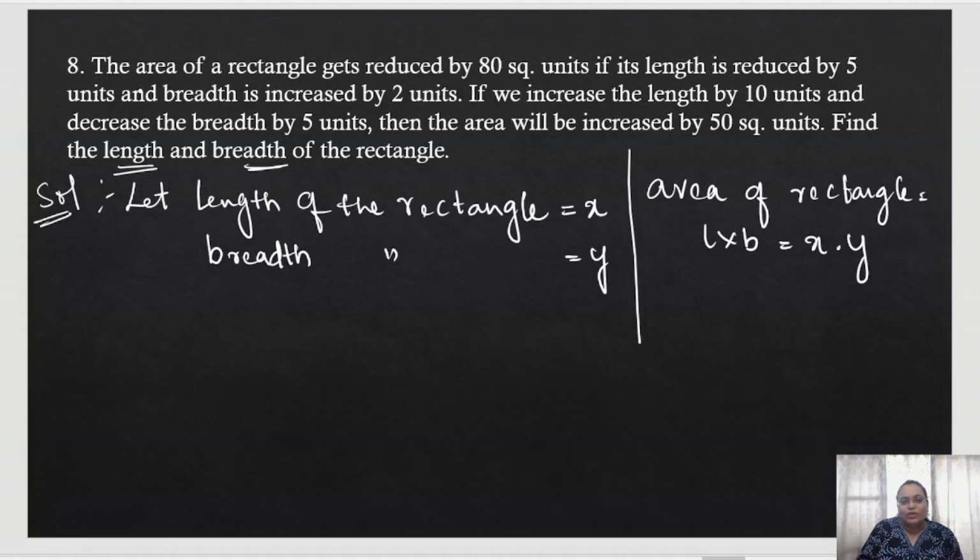Now see the question. The area of a rectangle gets reduced by 80 square units.